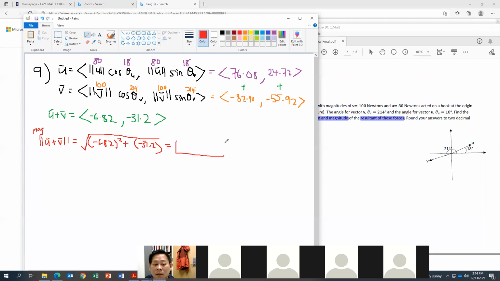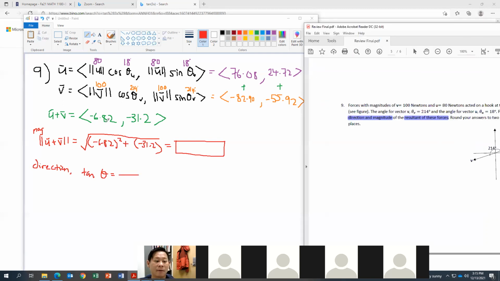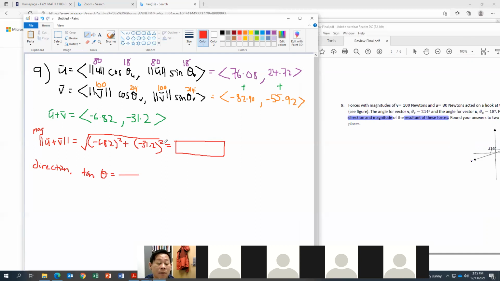You can use your calculator. Go ahead and figure this one out, class. In order for you to find the magnitude, you take the first component squared plus the second component squared, always plus, and then you take the square root of it.